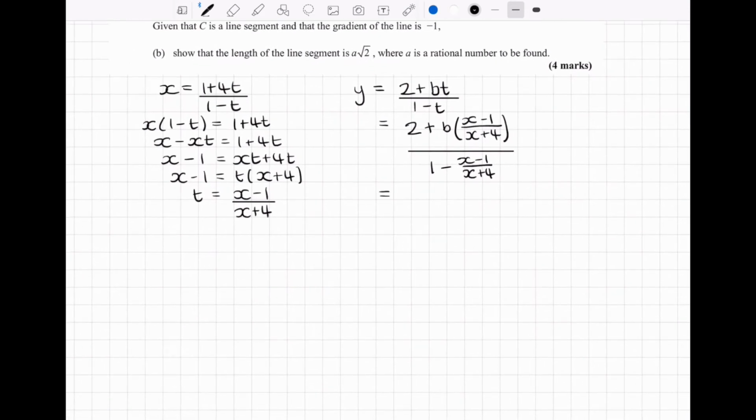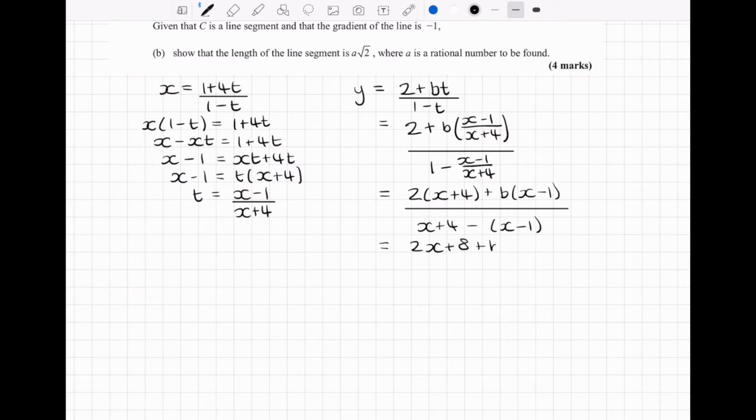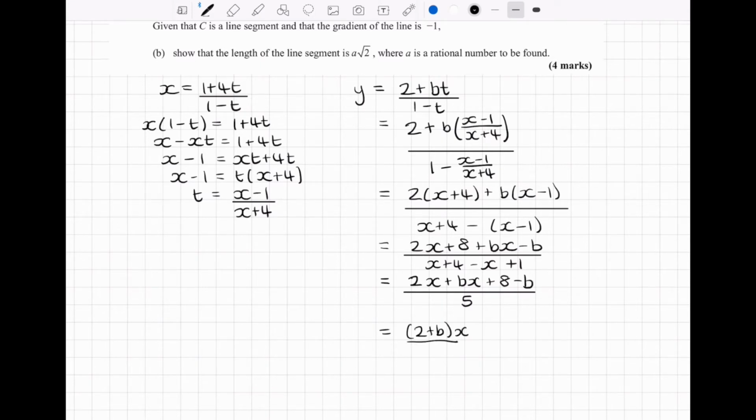We've got a lot of fractions over fractions here, so I'll multiply a few things out, and simplify and expand everything. I'll collect my x terms together, and I'll collect my constants together as well. And then we have our final answer.